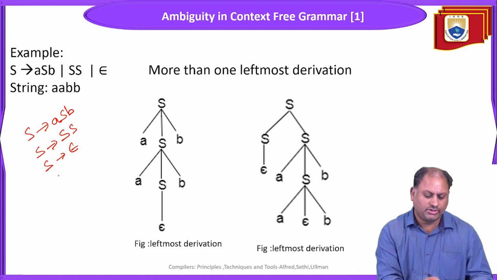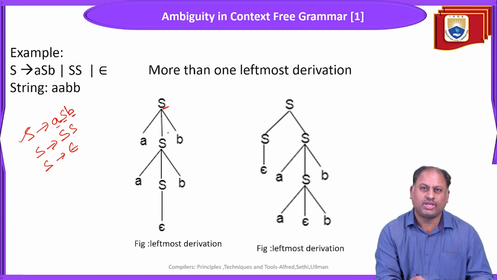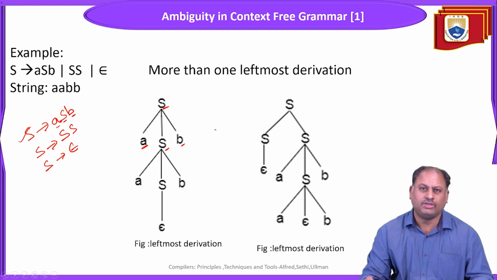In these rules, we can take any of the productions for the development of the parse tree. For example, if you take S derives aSb, that means small a, capital S, small b, then we derive with a root node capital S and small a, capital S, small b.